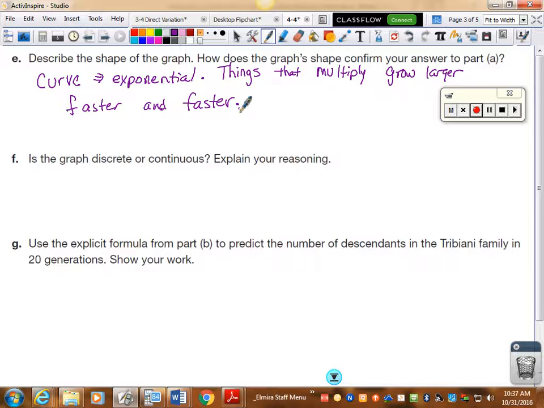Is the graph discrete or continuous? Explain your reasoning. Think about it. Think about why would we not connect the dots? It's discrete. Okay, why is it discrete?